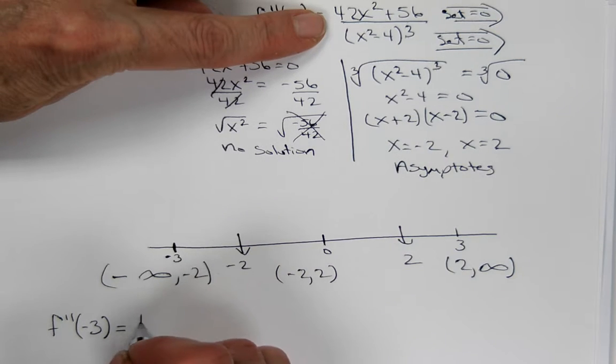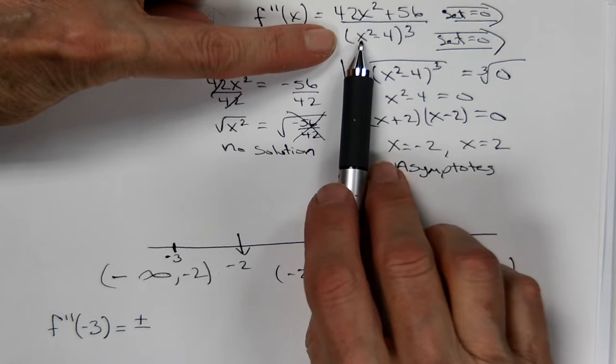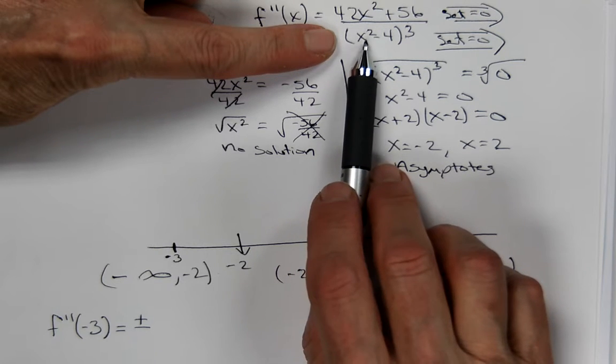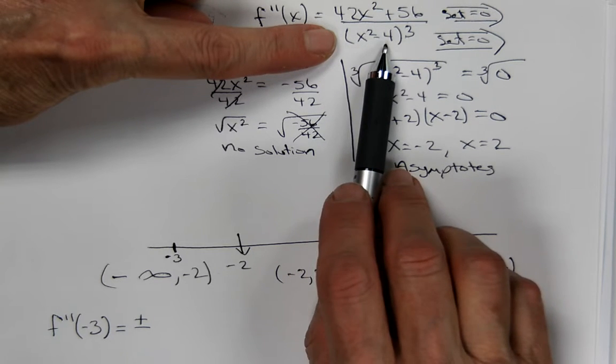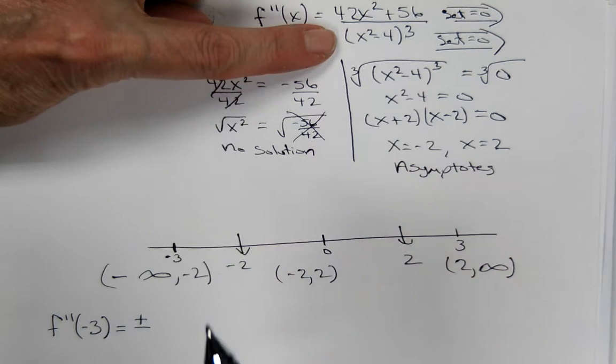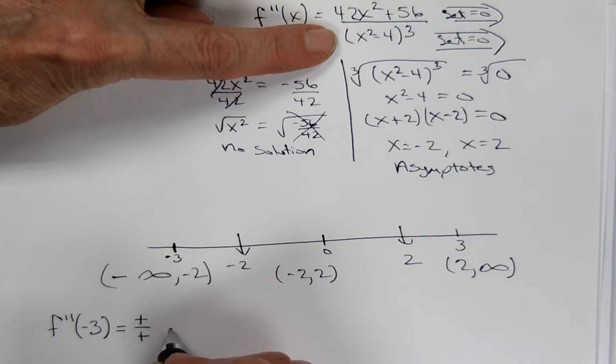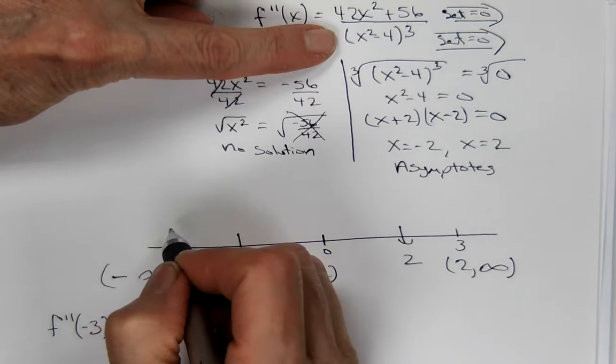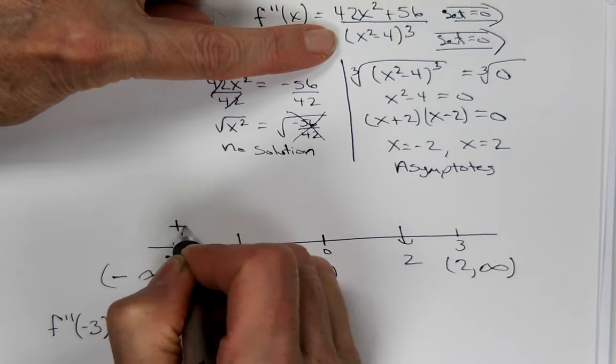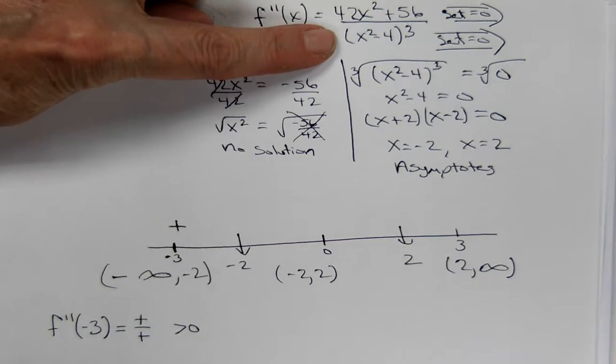So the numerator is going to be a positive something. If I plug negative 3 in the denominator, this will become 9 minus 4 is 5, and cubed is something positive. So if I have a positive divided by a positive, I know that the whole thing is going to be positive. So I'm going to put a plus above there to remind myself.